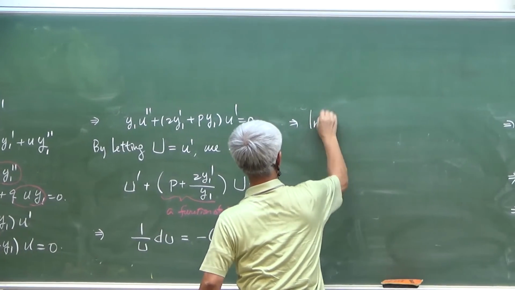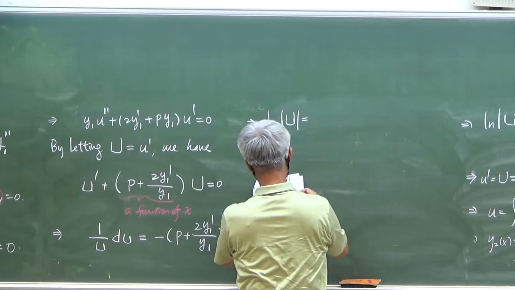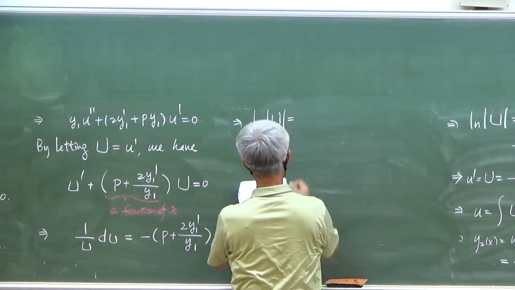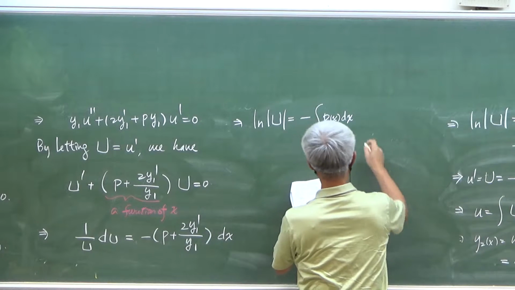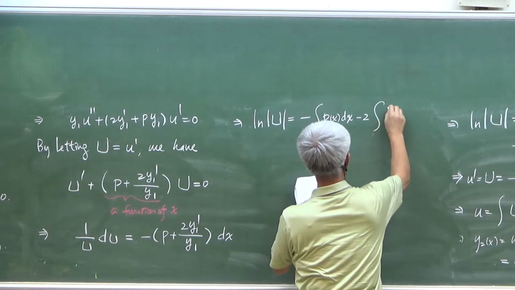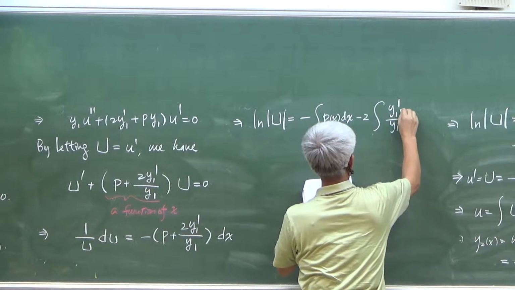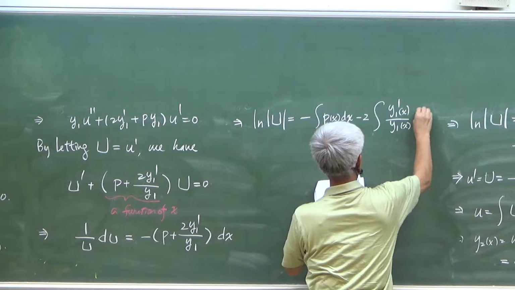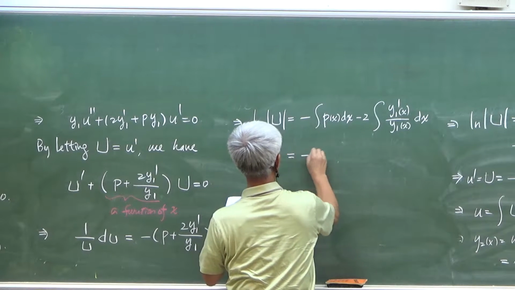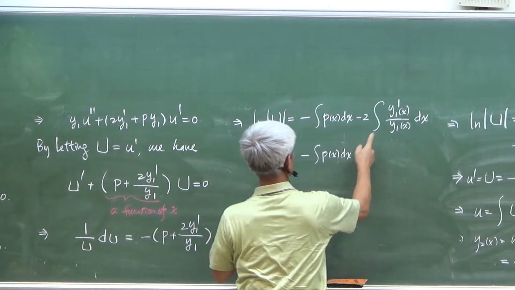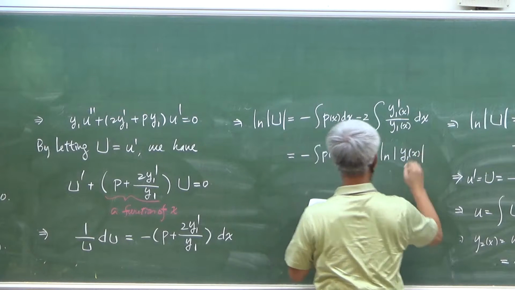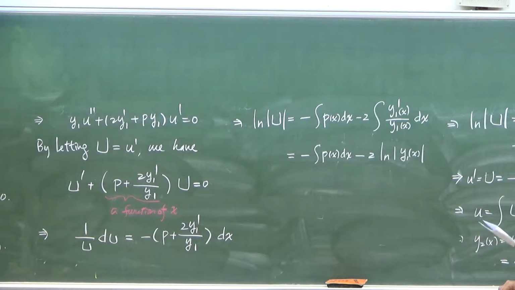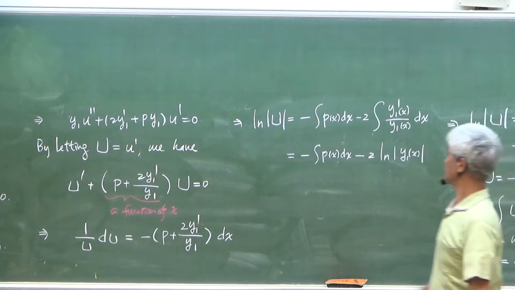So you have the logarithm of the absolute value of w equal to minus the integral of p dx minus 2 times the logarithm of y1.